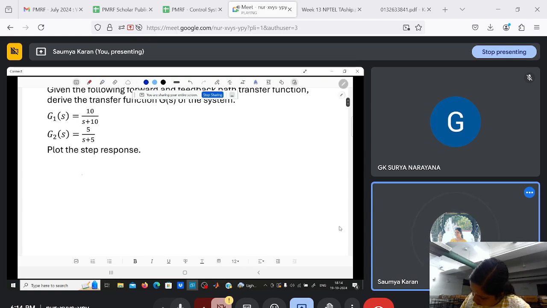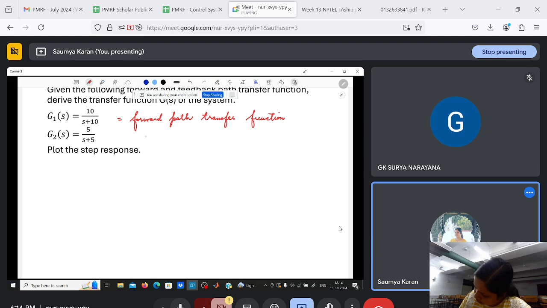So this is the forward path transfer function. This is the feedback path.